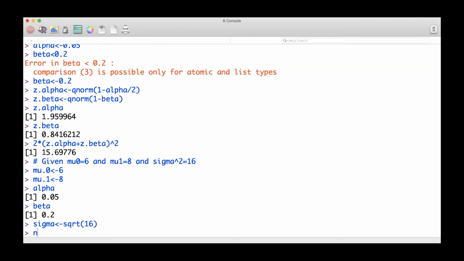So the sample size formula, borrowing from what appears on page 11 of your slides, would look like this.